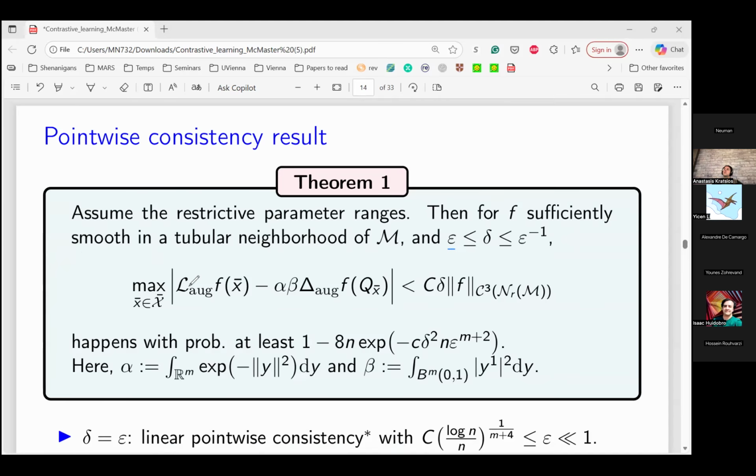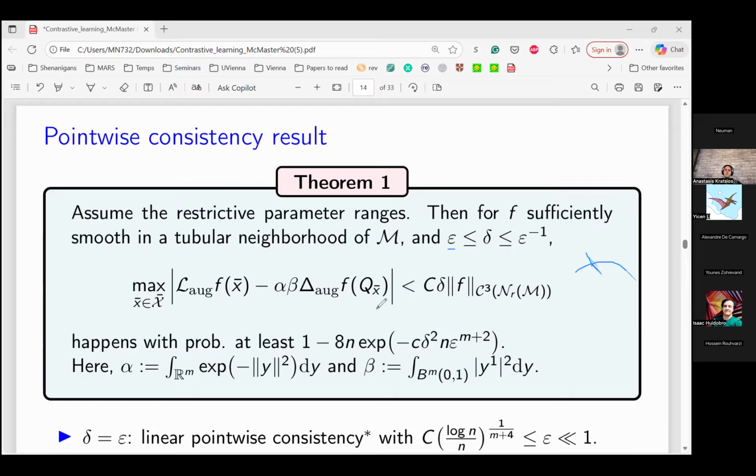I say that the graph Laplacian applied to f at the point x bar is nearly the Laplace-Beltrami operator, the one that you just see, applied to f at the projection point of x bar onto the manifold. So here you have x bar, and here you project it down, you have the q of x bar.